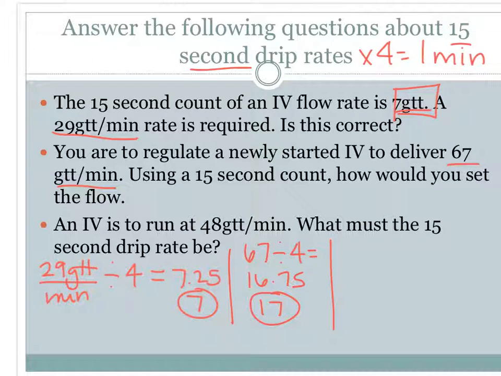For the third question, we want 48 drops per minute. So what is our 15-second drip rate? Take 48 divided by 4, and we get 12.